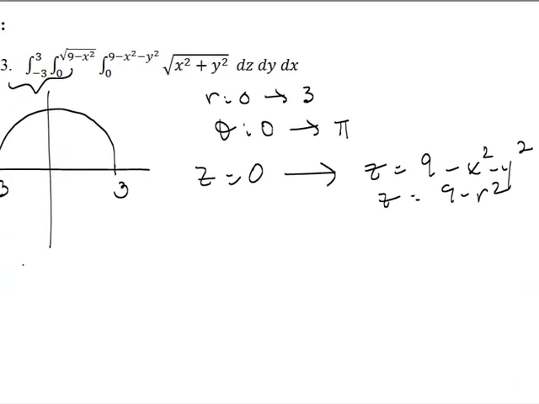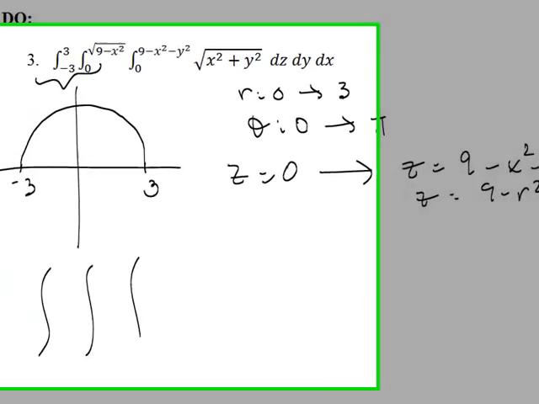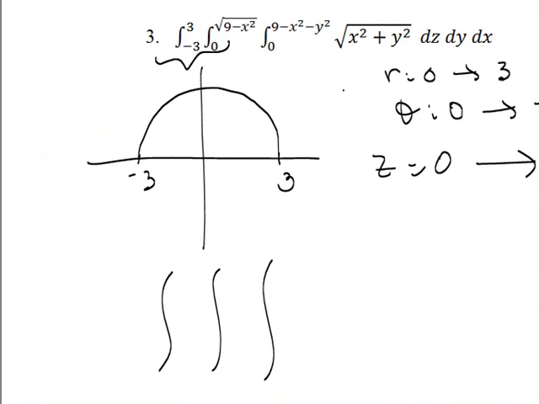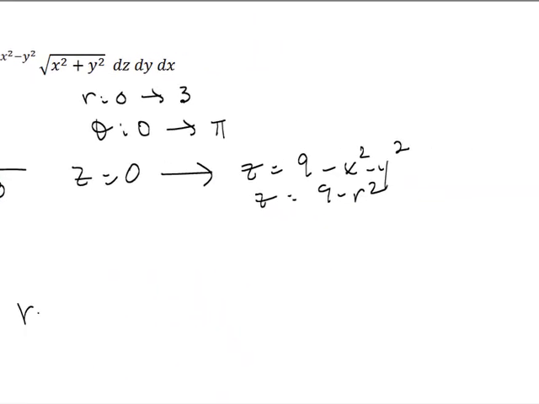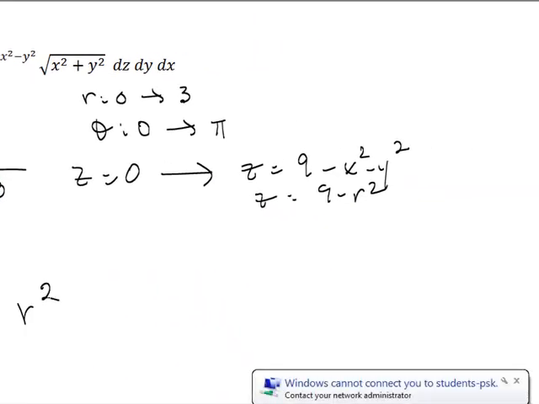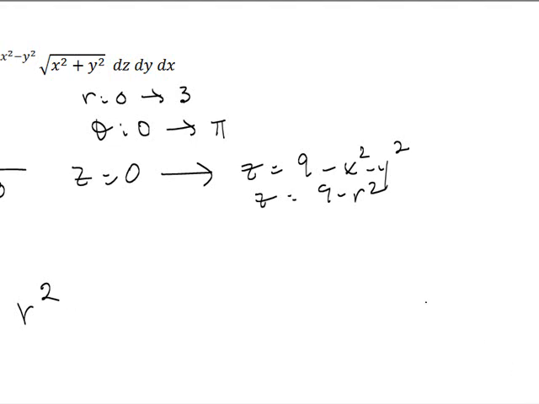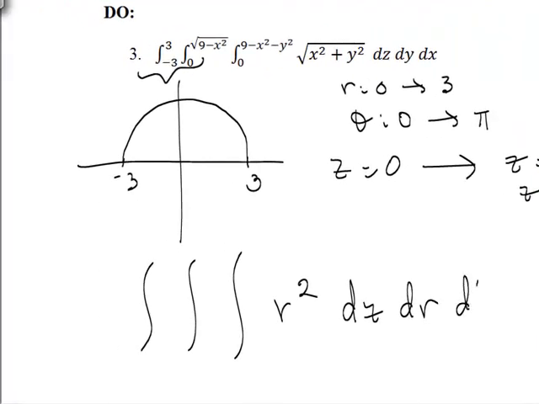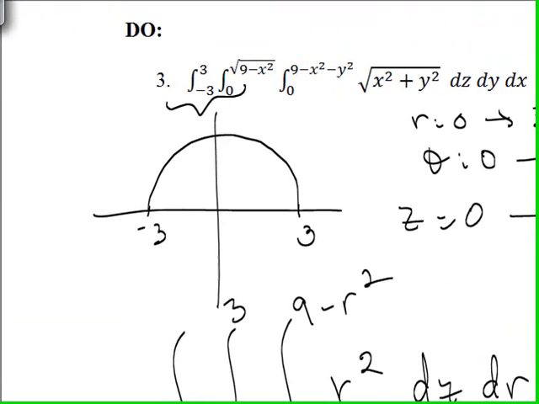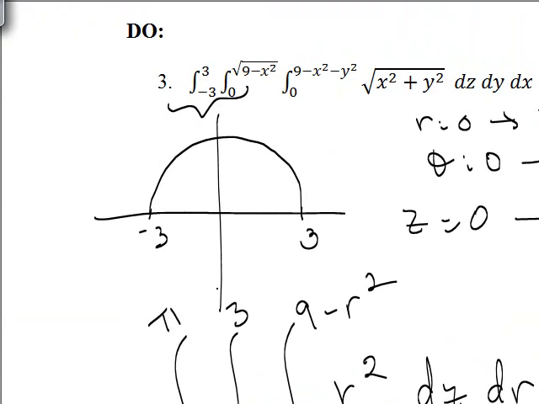And so to set up, the integrand is square root of r squared, which is r. Jacobian, multiply. So you have r squared dz dr d theta. z goes from 0 to 9 minus r squared. r goes from 0 to 3 and theta from 0 to pi.